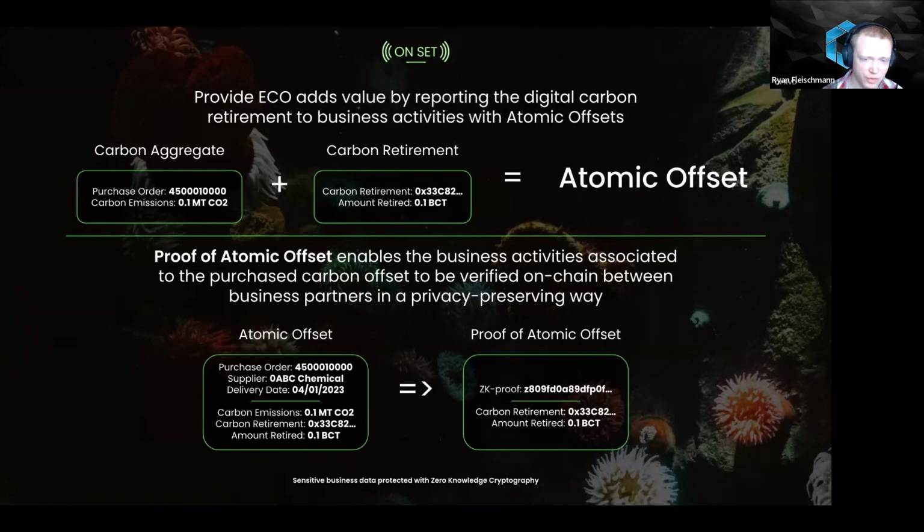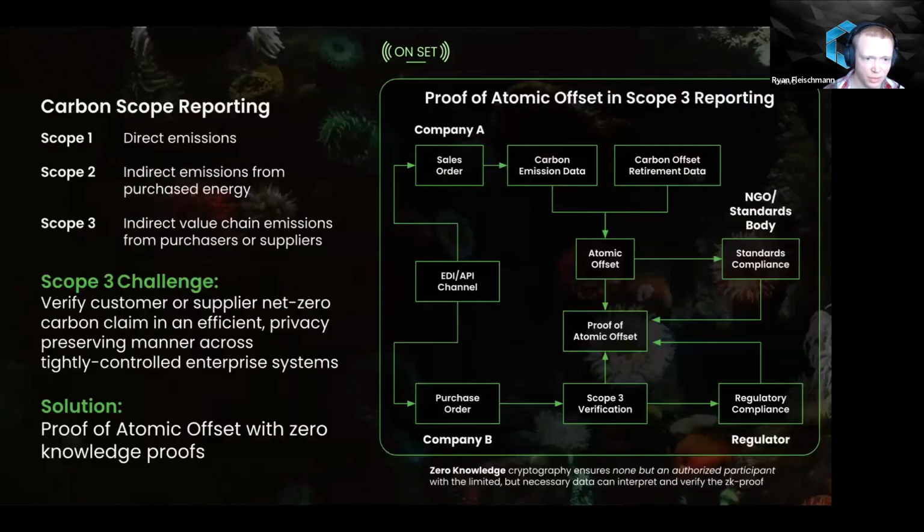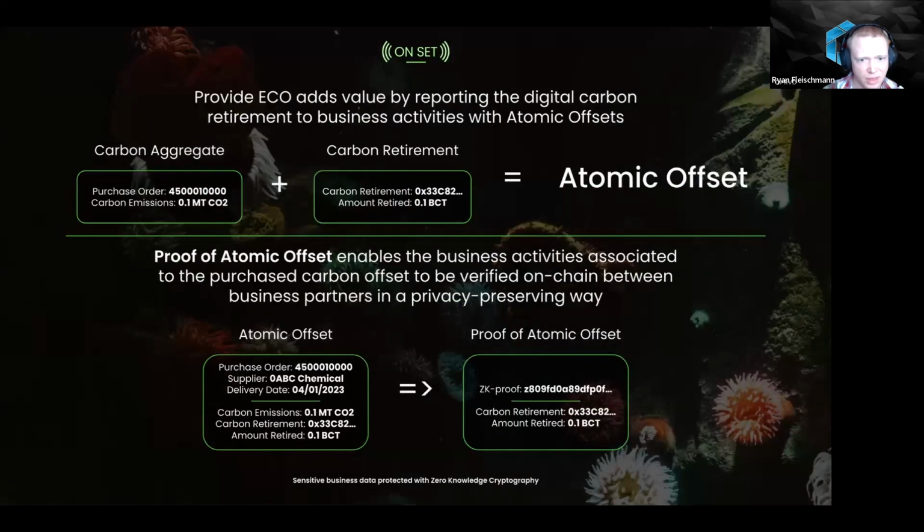So with proof of atomic offset, we can express those characteristics of that business document related to that carbon retirement in a privacy preserving way. So why do that? Actually, now we can get to the next slide.